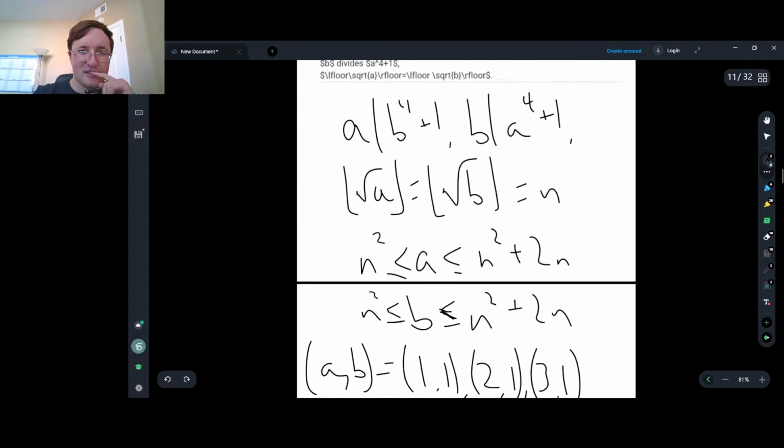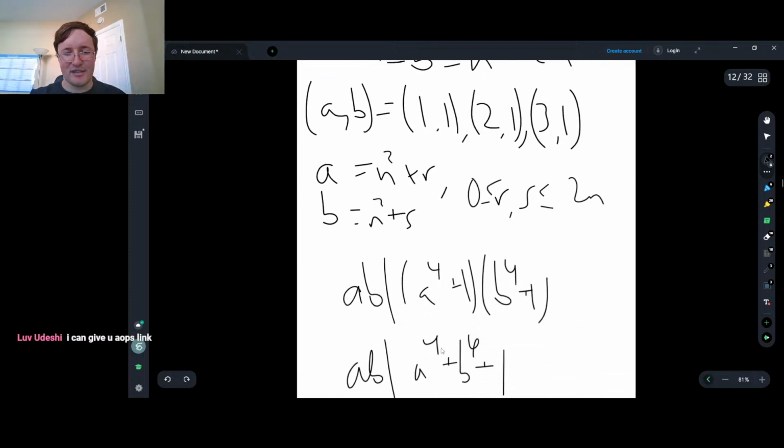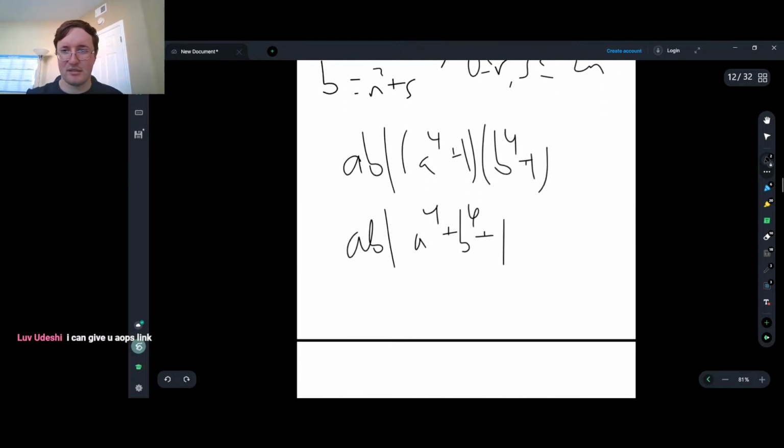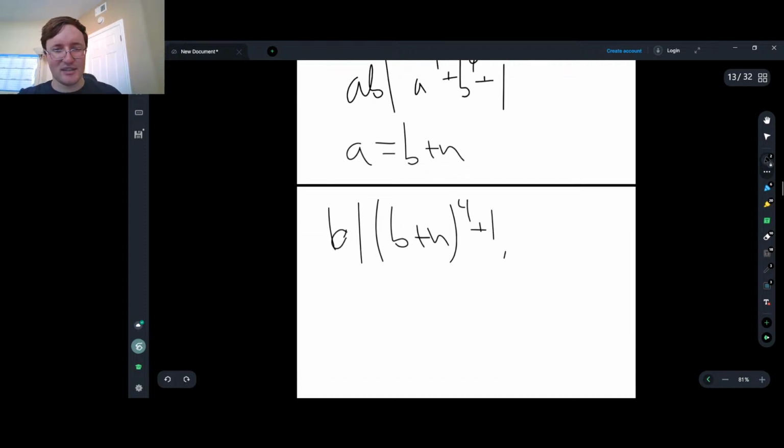I could say B is A plus something. Or I guess A is the bigger number, so A equals B plus N. Then B divides B plus N to the 4th plus 1, and B plus N divides B to the 4th plus 1.